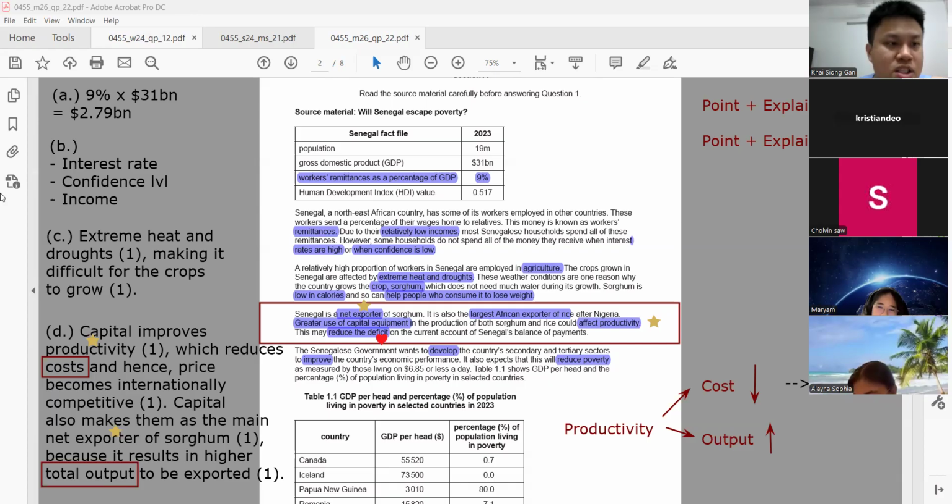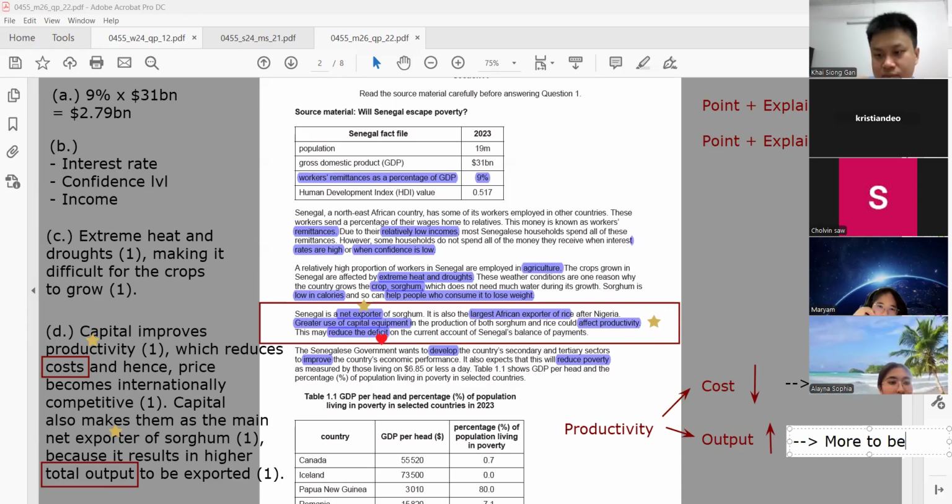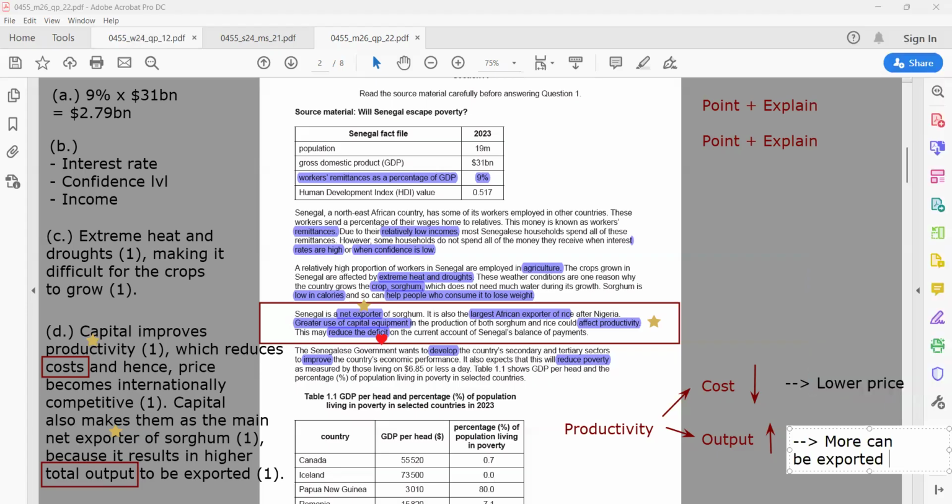In a normal question, when you want to talk about the impacts of productivity, you talk about cost: lower cost will result in lower price. Output becomes higher. You can say more can be exported, meaning you can talk about improving the current account, or you can talk about economic growth.